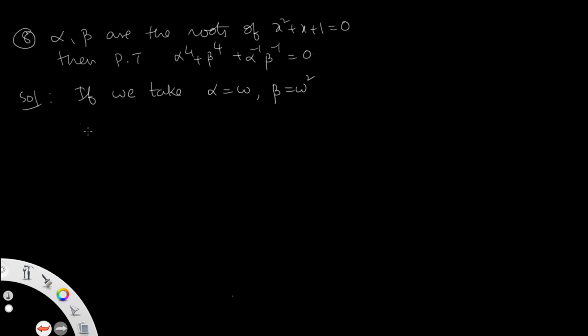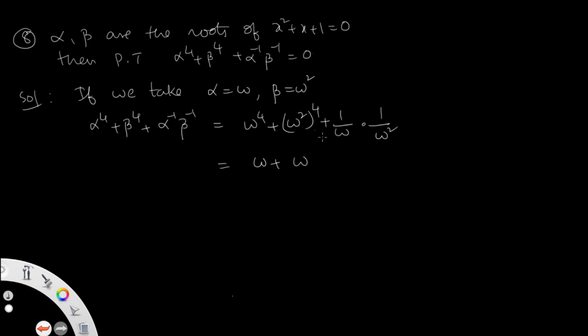So alpha power 4 plus beta power 4 plus alpha power minus 1 beta power minus 1. Then substitute: omega power 4, omega square whole to the power of 4, 1 by omega into 1 by omega square. Omega power 4 is nothing but omega. Omega square to the power 4 is omega power 8; dividing 8 by 3 gives remainder 2, so it is omega square.